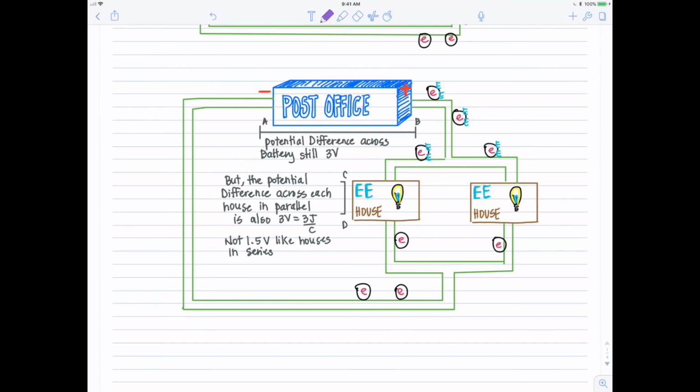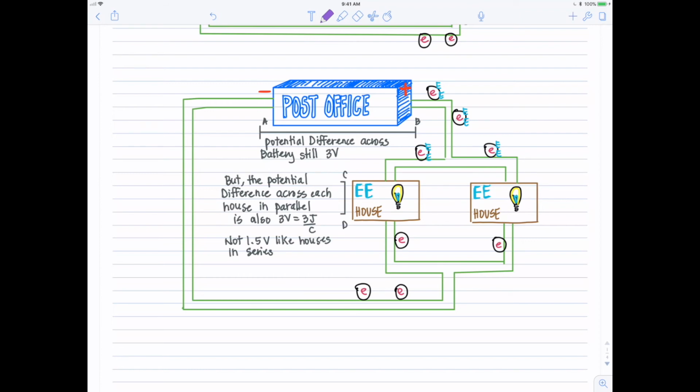The same thing will happen with the coulomb. So the coulomb will pass through the post office and pick up 3 joules of energy again, and drop off the entire 3 joules at the house that they choose to pass through. And then the next postman will drop off the entire 3 joules at the other house that was not chosen by the first coulomb.